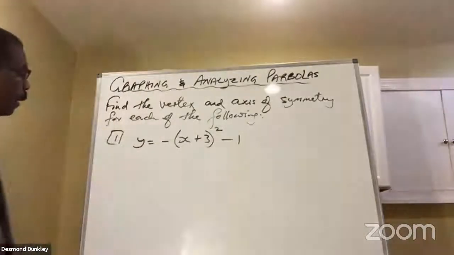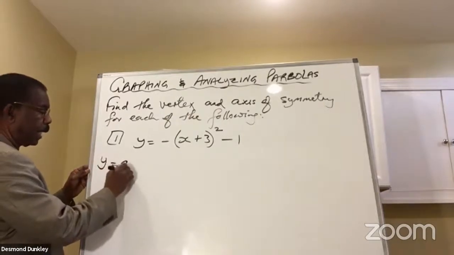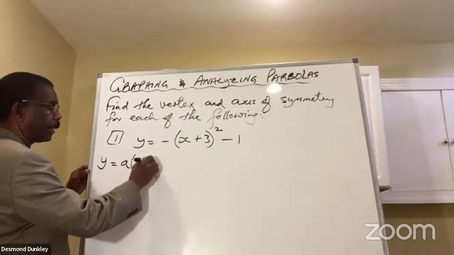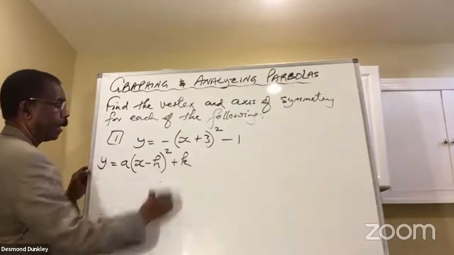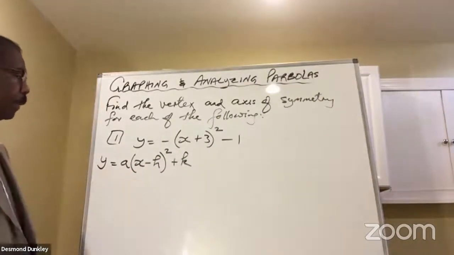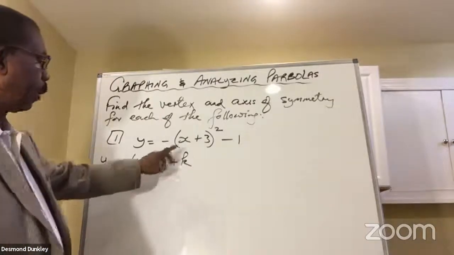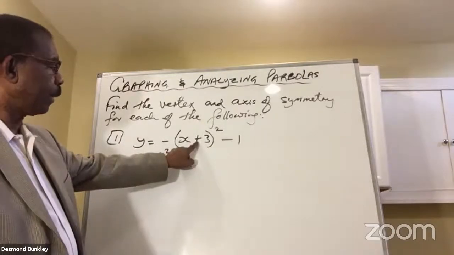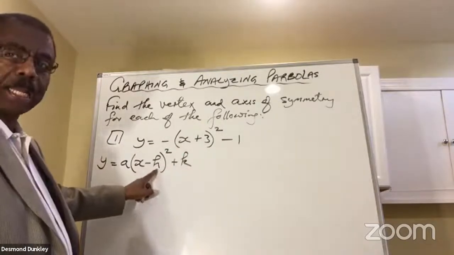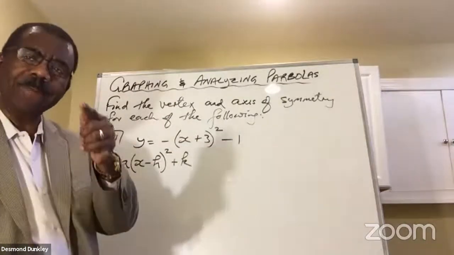Watch carefully. It is supposed to be y equal to a times (x minus h) squared plus k. That is the vertex form. So you're supposed to have minus h, but now we end up with a plus 3. So how can you end up with a plus 3 if it is supposed to be minus h? Then it means that h has to be negative 3.